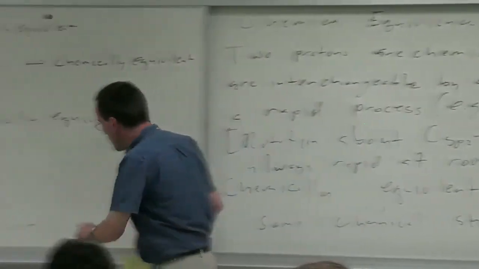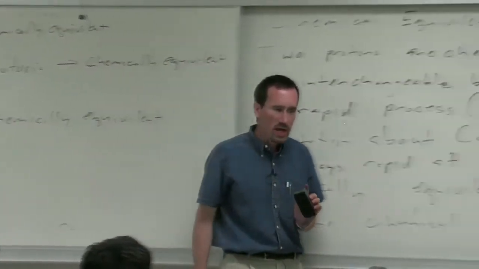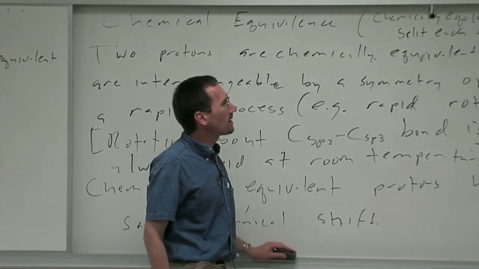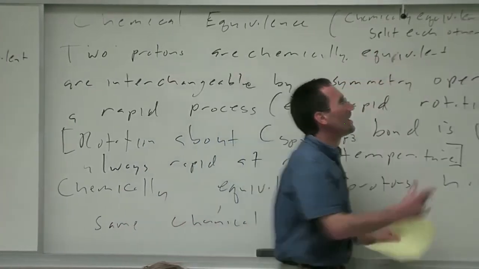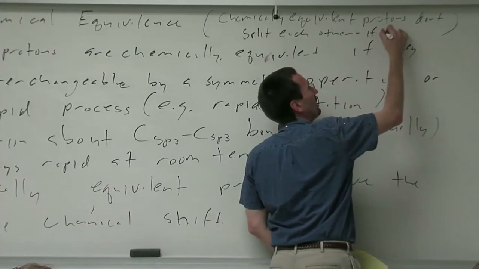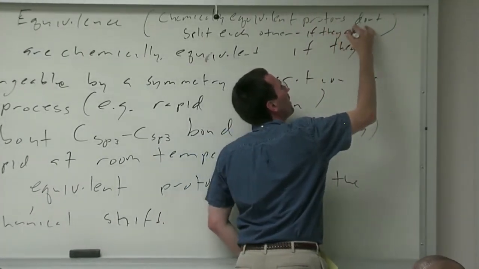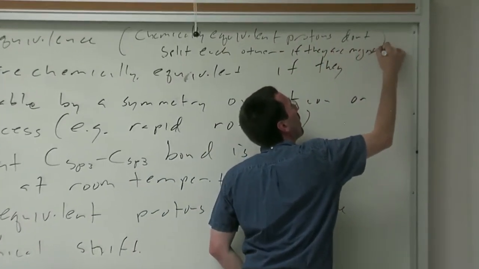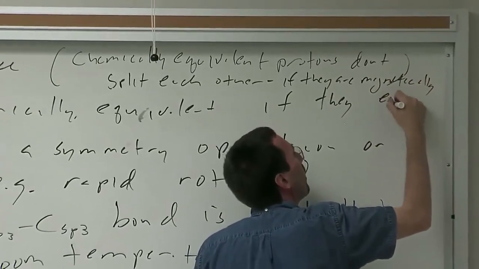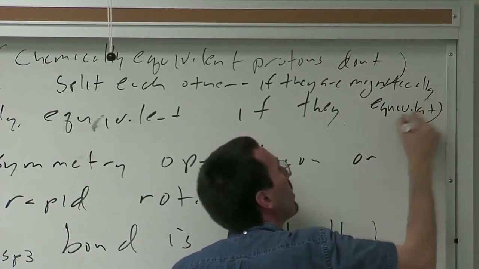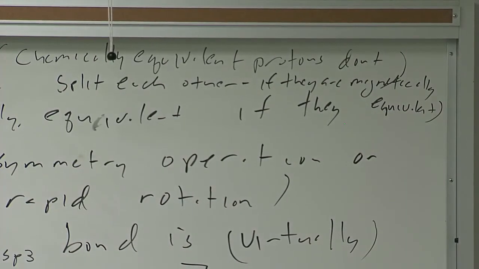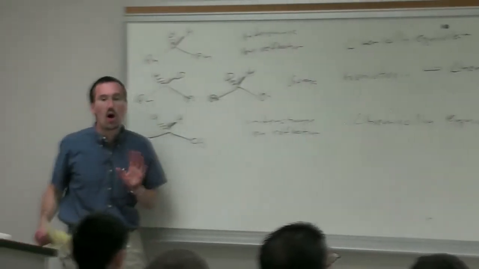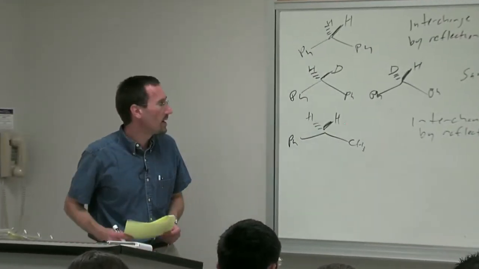Right now, I'm just going to leave it as there are two types of sameness, and chemically equivalent protons don't split each other if they're also magnetically equivalent. But we're going to get to that later. For now, the simple rule is chemically equivalent protons are the same in a certain way.